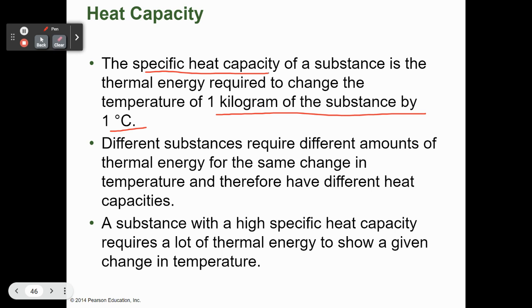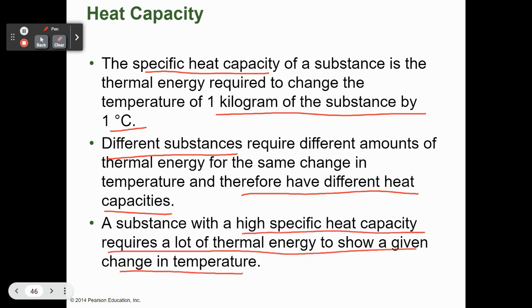Different substances have different thermal energies for the same change in temperature, so they have different heat capacities. Substances with a high specific heat capacity require a lot of energy to show any change in temperature at all. Water is one of those things that has a very high heat capacity. It doesn't change temperatures very quickly.